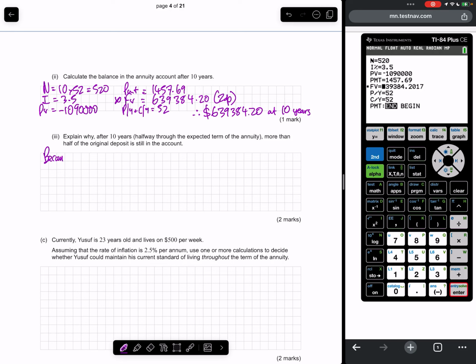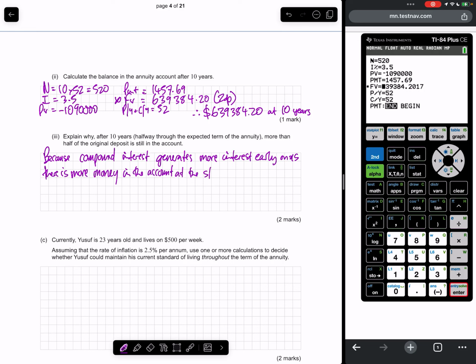Because compound interest generates more interest early on as there is more money in the account at the start.